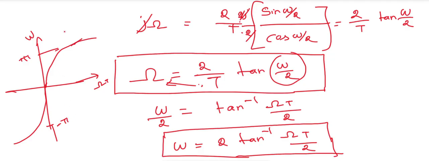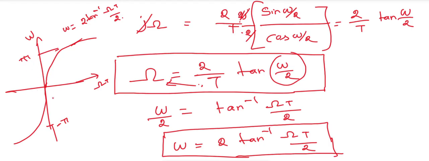With omega equal to 2 tan inverse omega T by 2, the entire frequency range is mapped into minus pi to plus pi. So the analog frequency range from minus infinity to plus infinity is compressed into minus pi to plus pi.